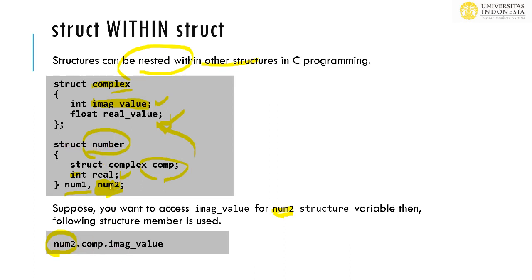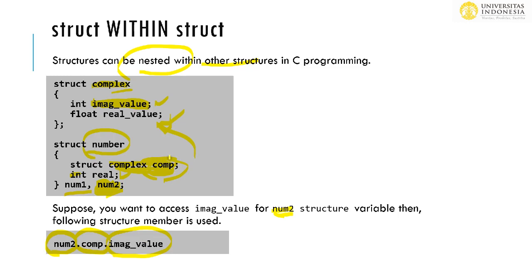In this case, number of complex value, because you want to access this one, you also call comp, because the complex structure is represented by comp. So that is the second variable. And finally, you can access the third variable, which is the imaginary value, by separating it with a dot operator. So it's quite useful when you are dealing with some complex data to make this kind of nested structuring system.